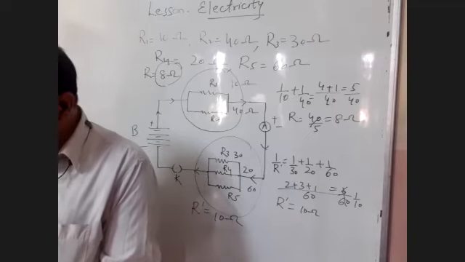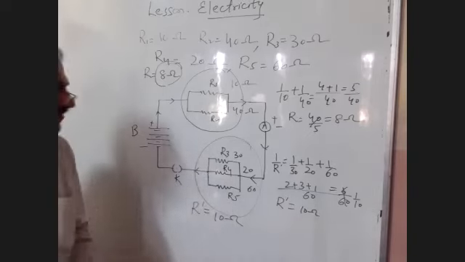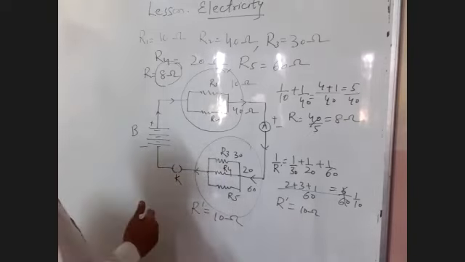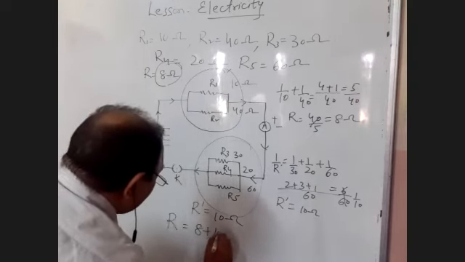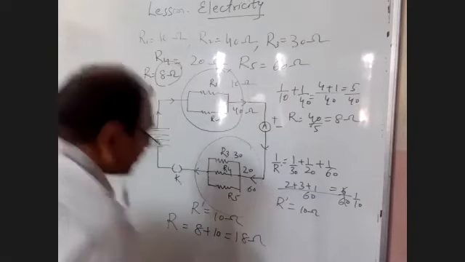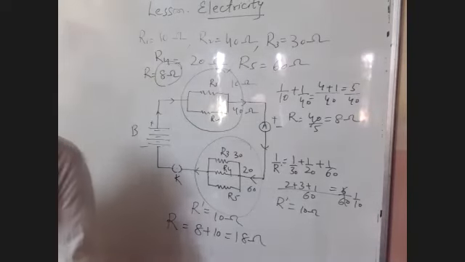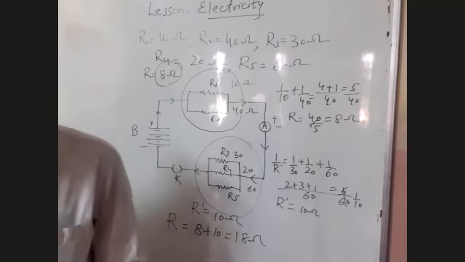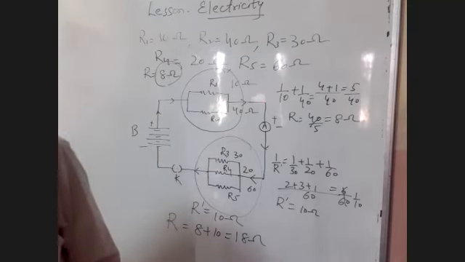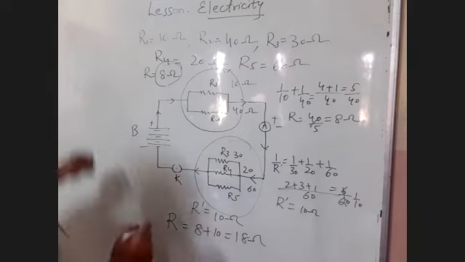The total resistance of the first two came to 8 ohm, and of the three came to 10 ohm. Now these two combinations are connected in series, so R will be 8 plus 10, which is 18 ohm. The total resistance will be 18 ohm. Now, students, the value of the current.